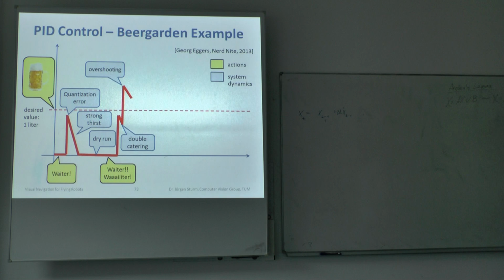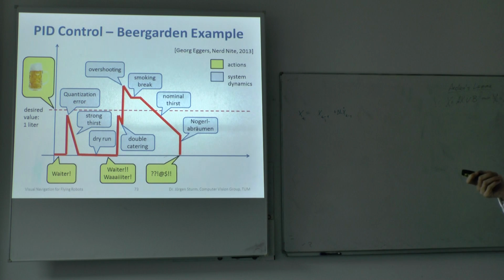Then you start to drink again, and then something happens, which is due to a smoking break. So the system gets briefly delayed. Then you start normal drinking again, which is the so-called nominal thirst. And then there is something maybe specific to Munich: the so-called Nockerl abräumen, which means that the last part of the beer is actually removed before you can finish it.